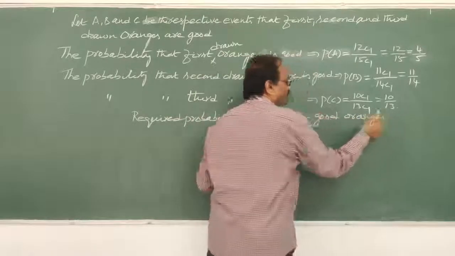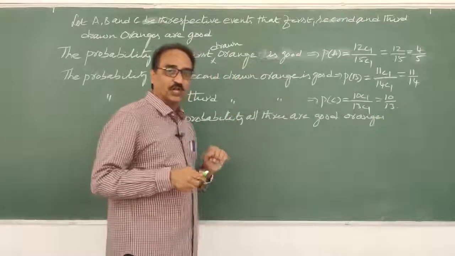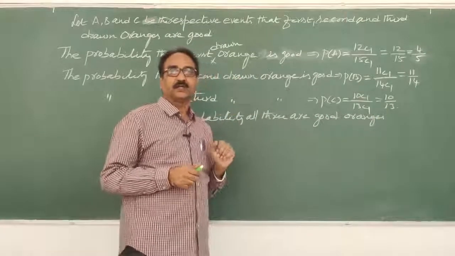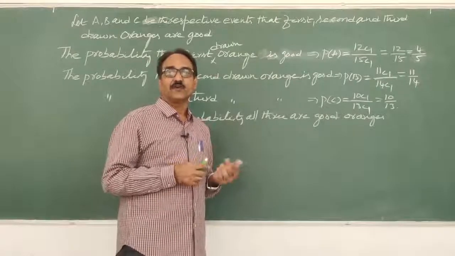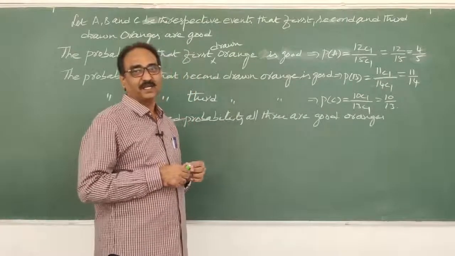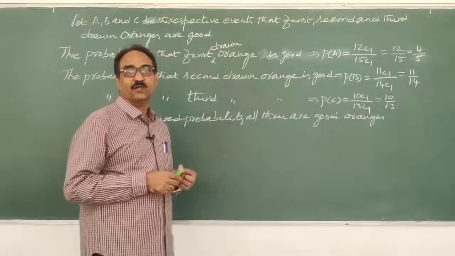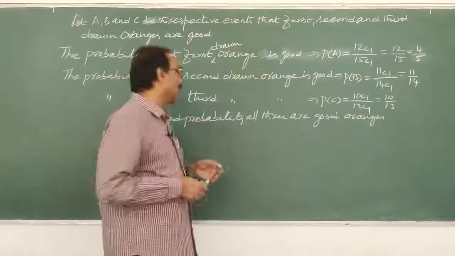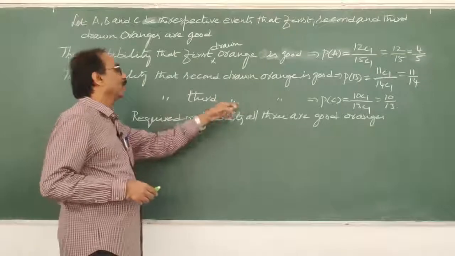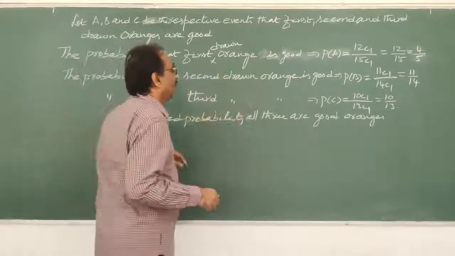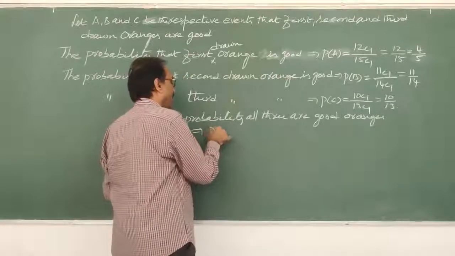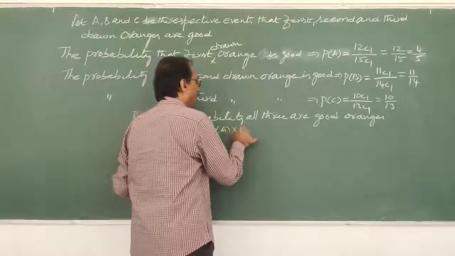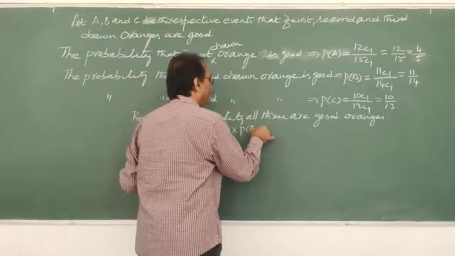Simultaneously you are drawing, one after the other. So total how many events are there? 3. So each event is happening simultaneously; according to the fundamental counting principle in permutations and combinations, if 3 events are happening simultaneously, what will you do? You have to multiply. So like this, the required probability, all three are good oranges, implies P of A into P of B into P of C.